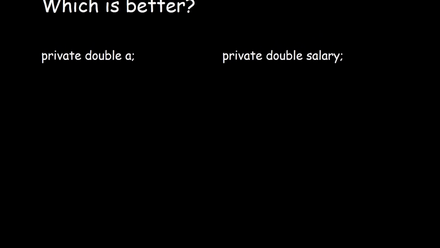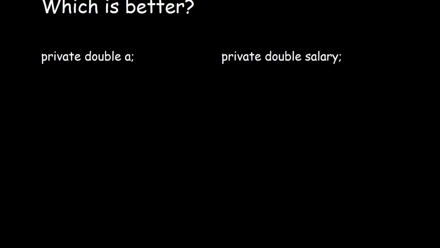Now suppose the left hand side is a variable declaration, private double A, but we don't understand what it's supposed to do. The right hand side clearly states that it is a salary variable. The value contained here is supposed to be some salary.